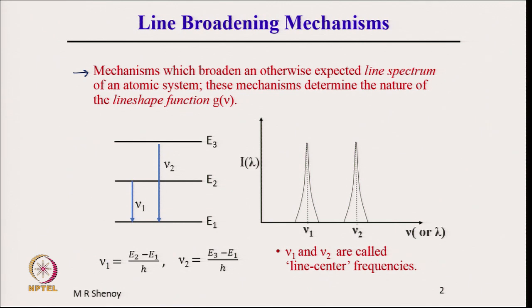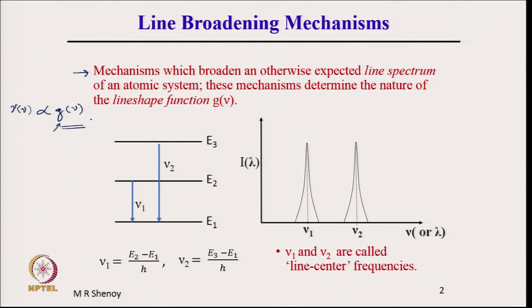Please recall that in the last lecture we have seen that the gain coefficient gamma of nu is almost proportional to g of nu, the normalized line shape function, which means that the amplification bandwidth and the amplifier performance are essentially determined by g of nu.